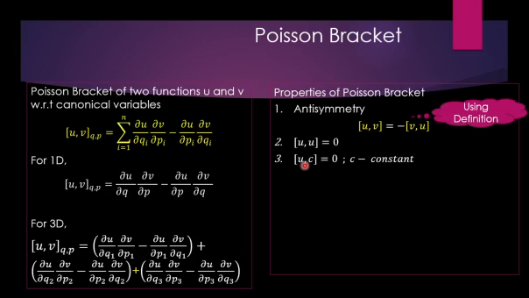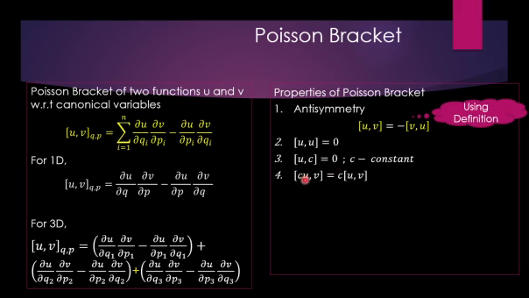So a Poisson bracket of a function with respect to a constant would be 0, because del c by del p and del c by del q, those are derivatives of a constant, no? So the differentials of a constant will be 0, so both the terms will be 0.